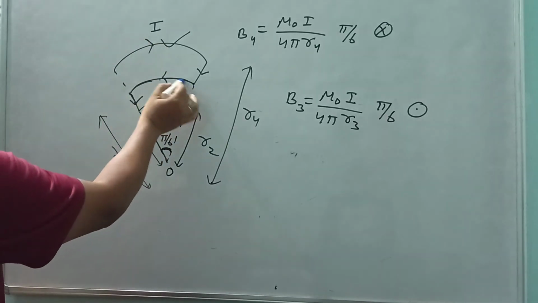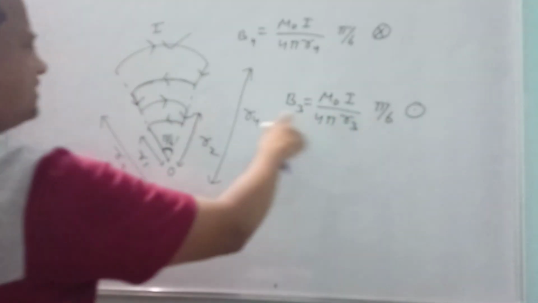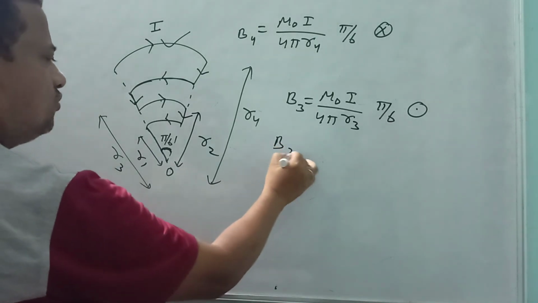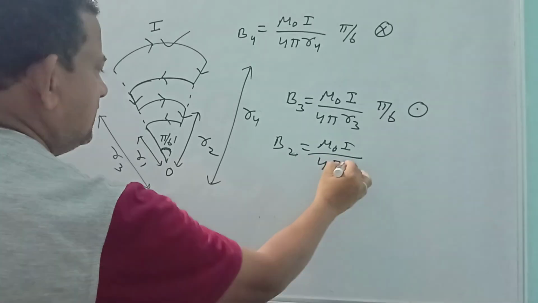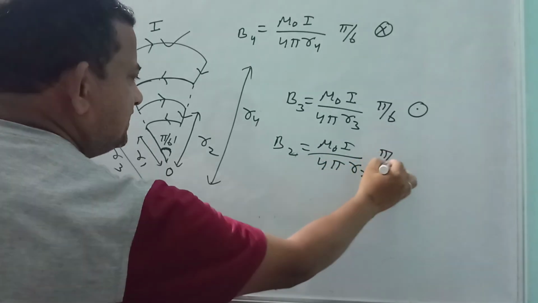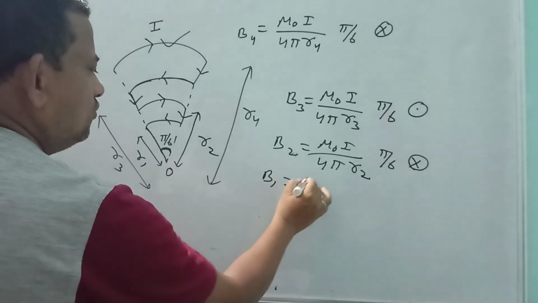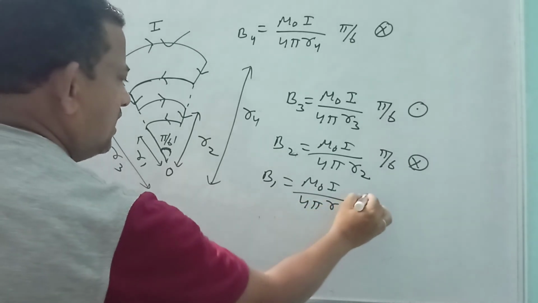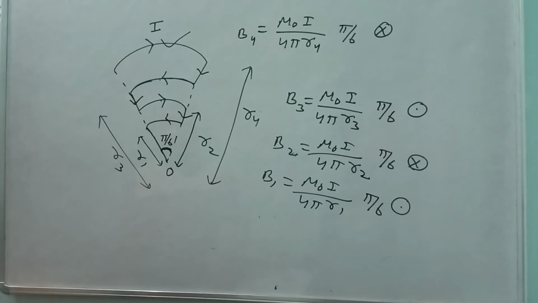But in this case, since it is anti-clockwise, this is the outward direction, that is for B3. Similarly, B2 is mu naught I by 4 pi R2 into pi by 6, clockwise. B1 is equal to mu naught I by 4 pi R1 into pi by 6, anti-clockwise.